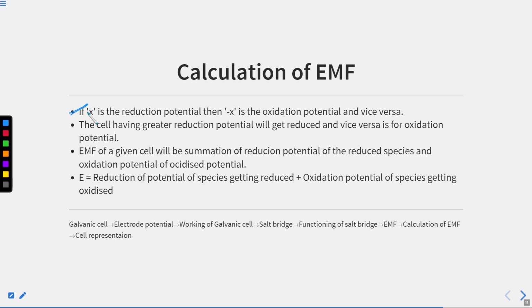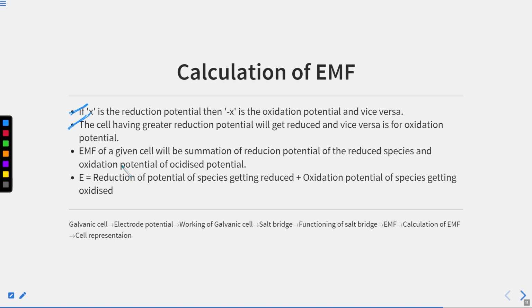On the opposite side, if we take the oxidation potential of both and one has a greater oxidation potential, then its oxidation will take place. Now, how will we decide which one has a greater reduction or oxidation potential? For that, we are given a table in NCERT, and in the exams also you will get this value.